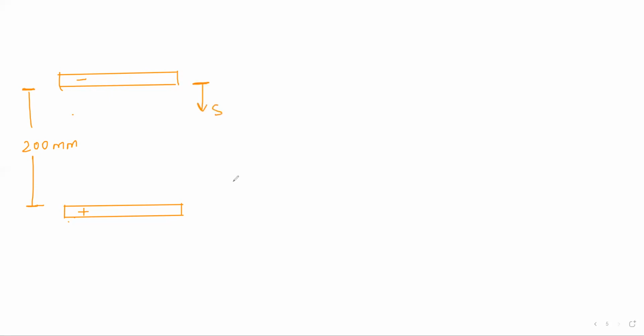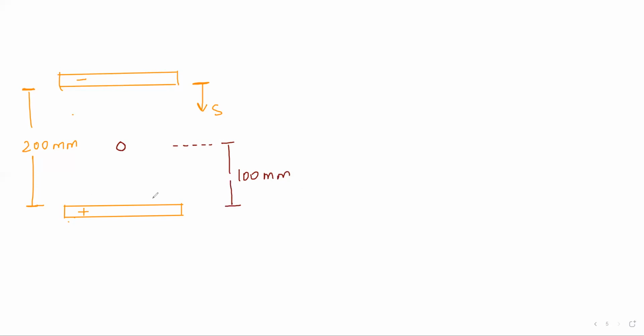So this is position. Let's say some scientist has put an electron right through the center, and of course, there is this electric field. And this distance is 100 millimeter.